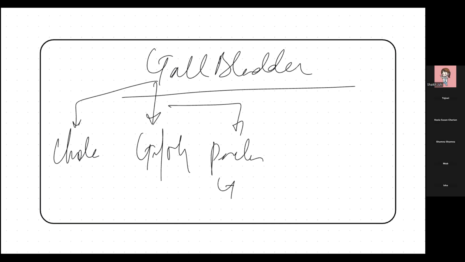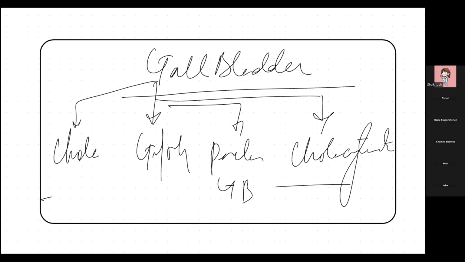As well as cholecystitis. So these are the diseases possible in case of gallbladder. So the beginning of this session was nothing but an introduction of what all diseases are possible in the structures present in the hepatobiliary system: in liver, in gallbladder, and in bile duct.